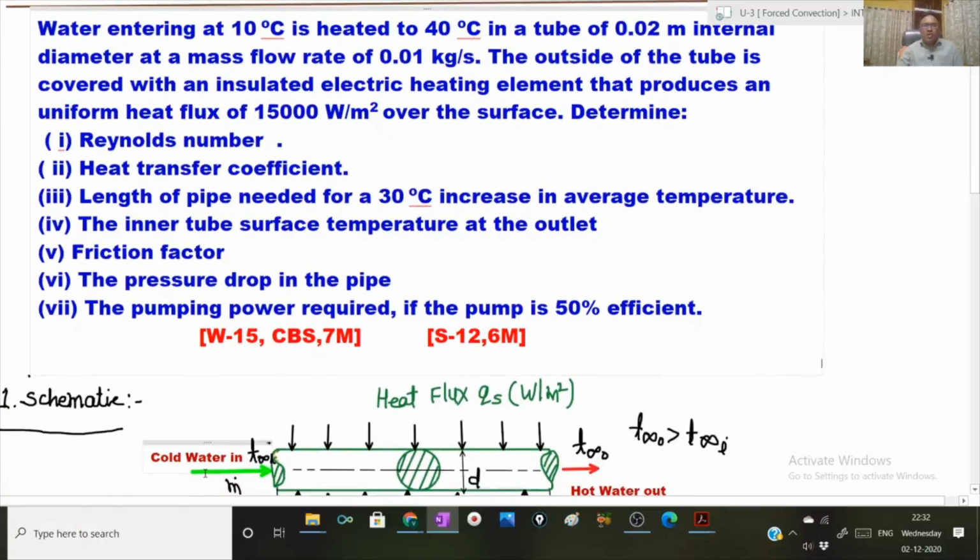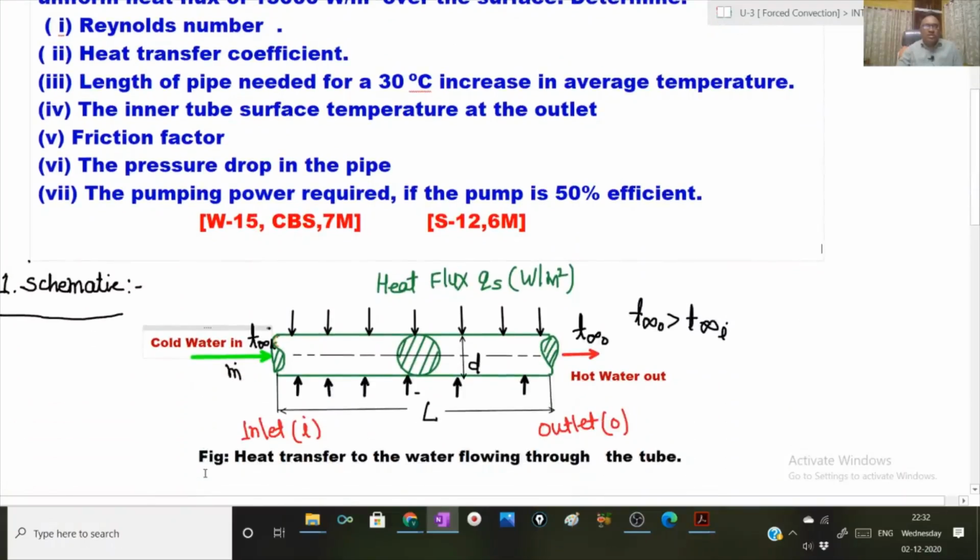In order to solve this problem, let us first draw the schematic. As shown in the figure, there is a pipe of finite length L and internal diameter small d. The pipe is provided with an electric heating element that produces Qs watt per meter square of heat flux.